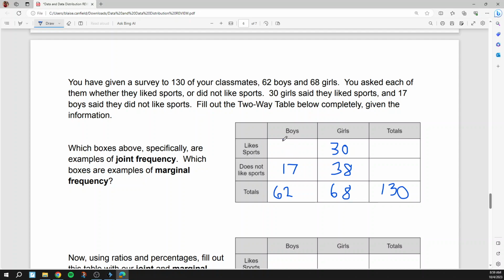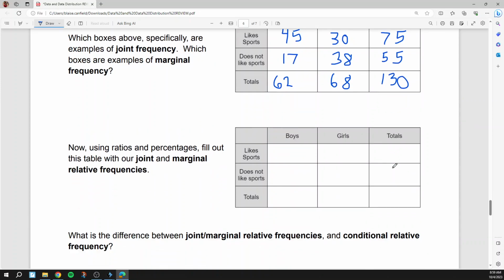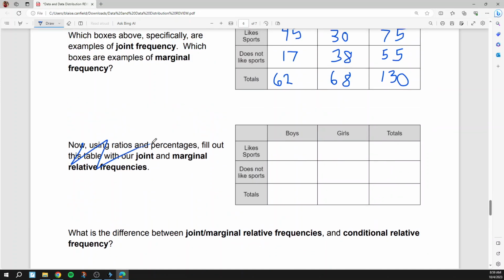So if I subtract those, that is 45 boys who did like sports. So then that's 75 over here, and that is 55.